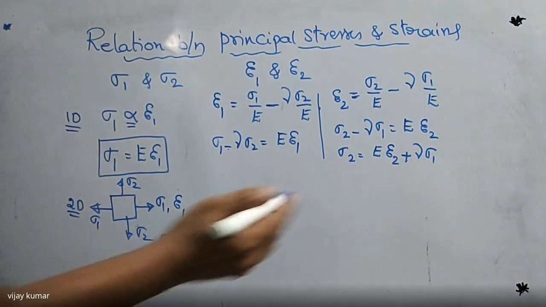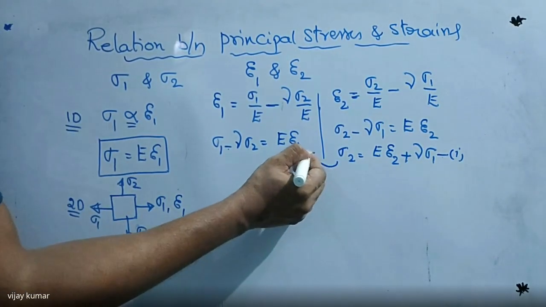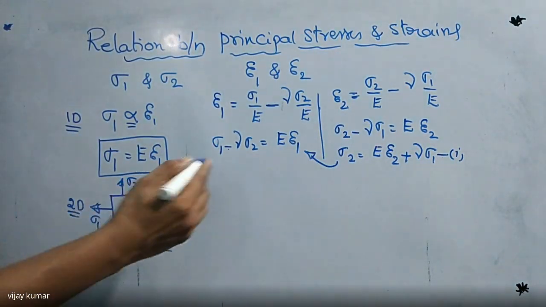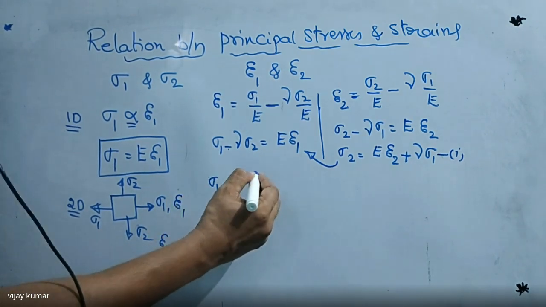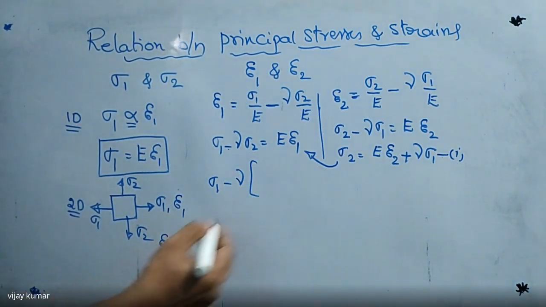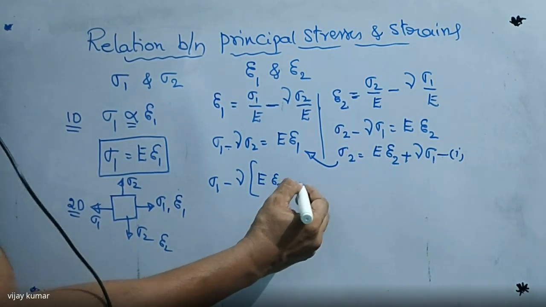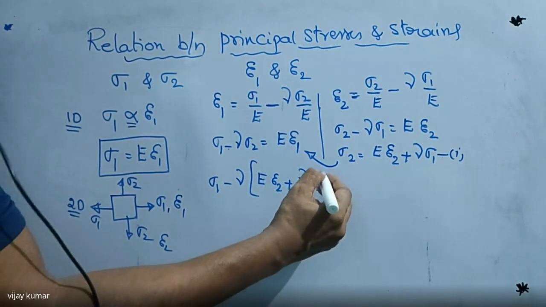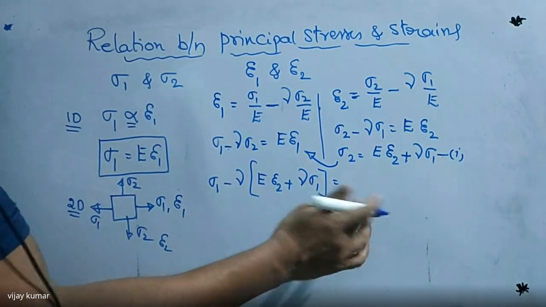Okay. Now I am going to substitute this equation 1 in this one. Now tell me, see here I am writing sigma 1 minus Poisson ratio into what is sigma 2? That is E into epsilon 2 plus Poisson ratio into sigma 1, is equal to E into epsilon 1.